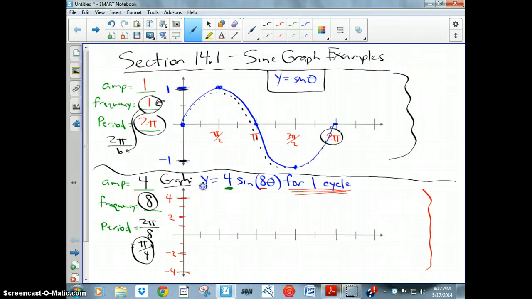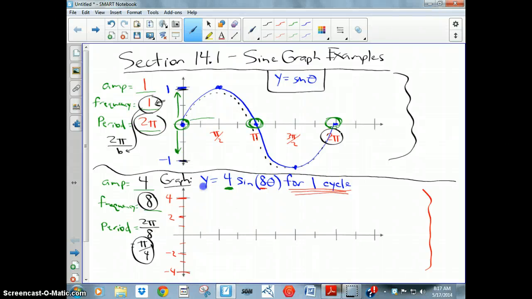Now, going back to the top, when you graph the sine function, remember the sine always starts halfway between the minimum and the maximum. It ends halfway between the minimum and maximum, and in the middle, it's halfway between the minimum and maximum. Those are the three important points.